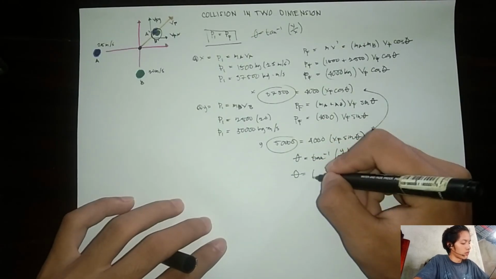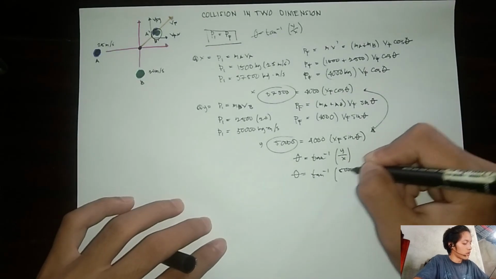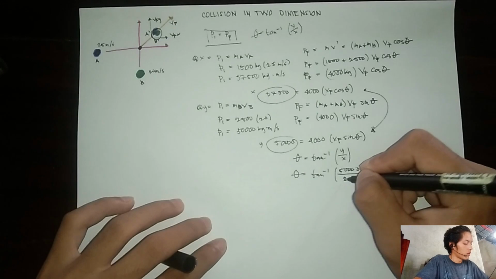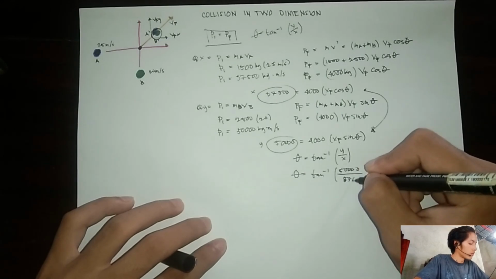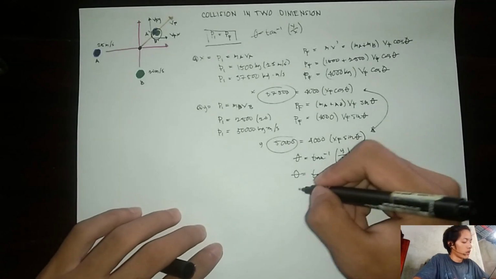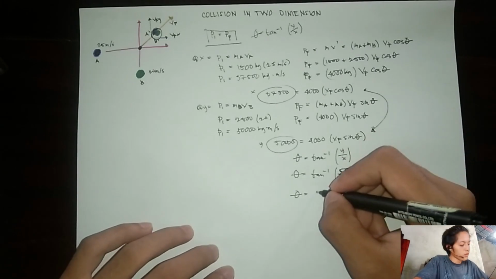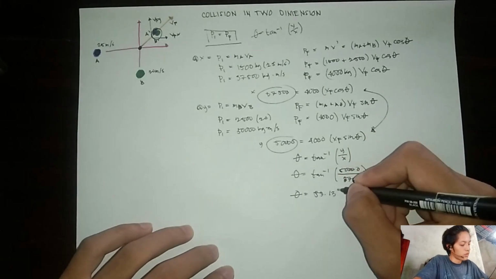Angle theta is equal to inverse tangent 50,000 over 37,500. Compute lang natin, ang angle theta natin is equal to 53.13 degrees.